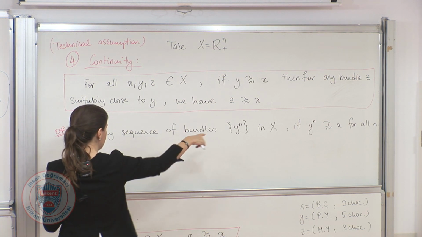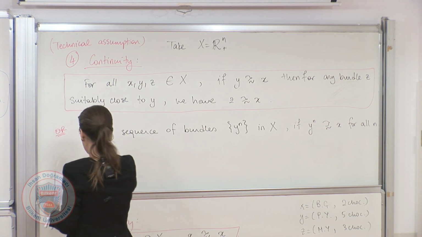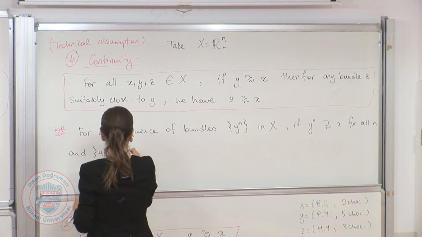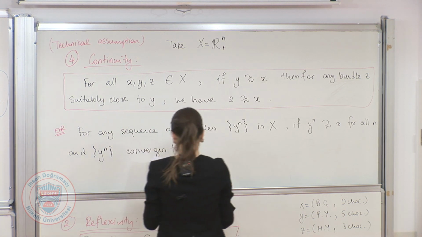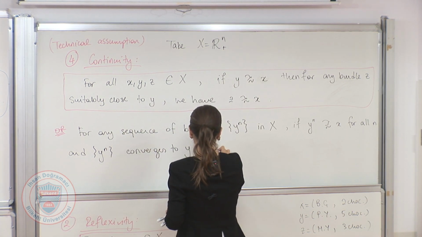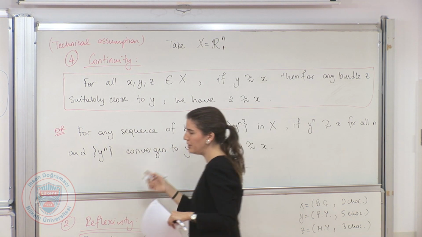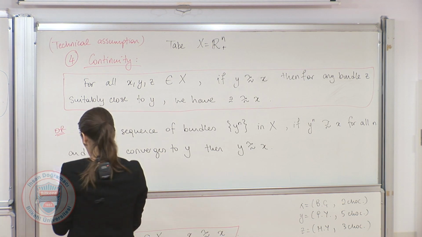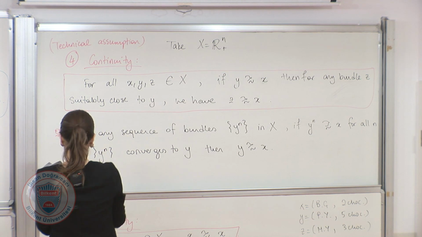So let me write this: if yn is at least as good as x for all n, and this sequence yn converges to y, then we say y should be at least as good as x. This is a more formal definition than the one above.